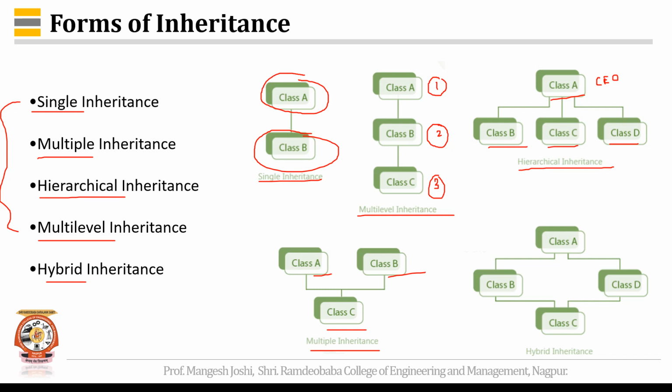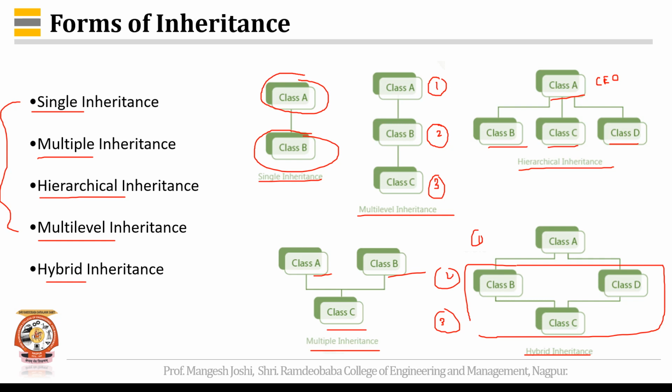And finally the last one is hybrid inheritance. You can see this is the combination of hierarchical inheritance, multiple inheritance and multi-level inheritance. This is a hierarchy, this step is multiple, and if you combine all these levels, you have multi-level inheritance.